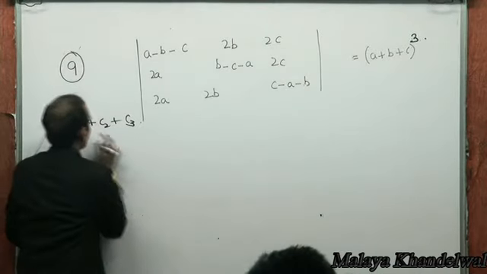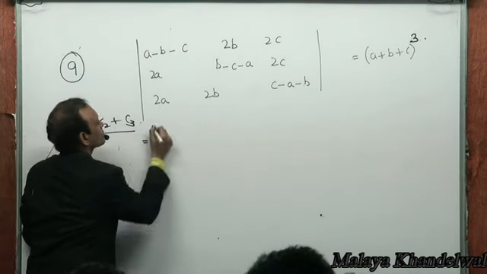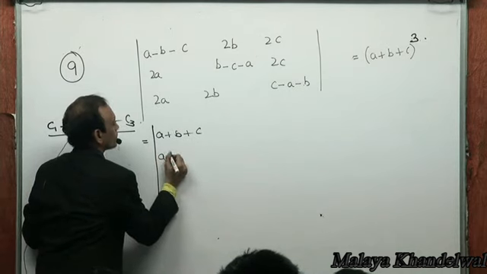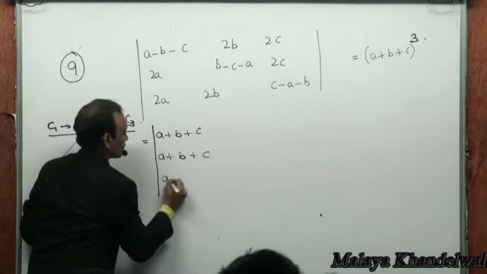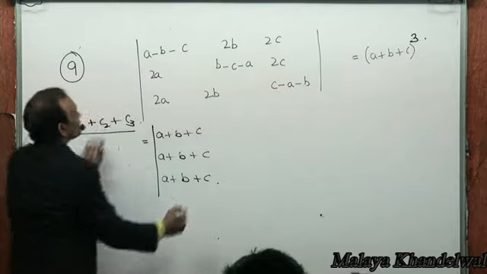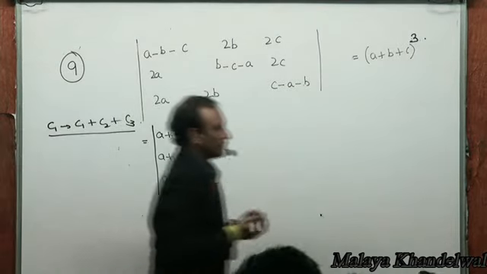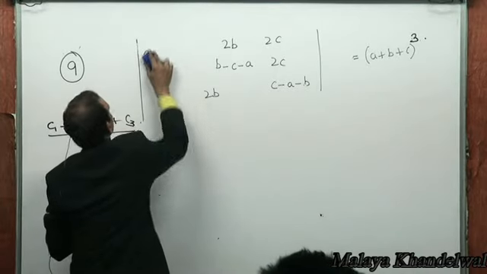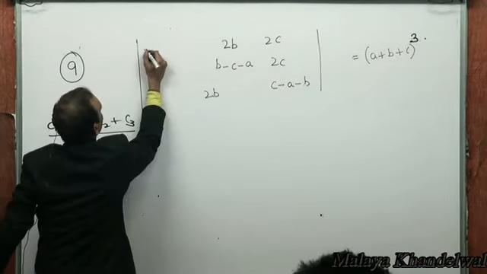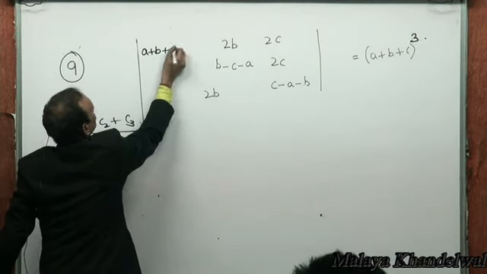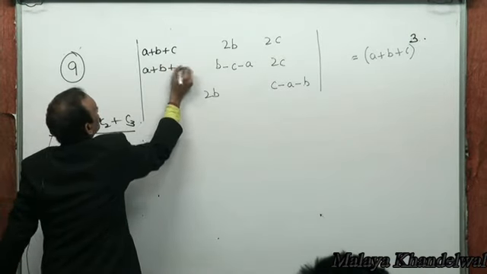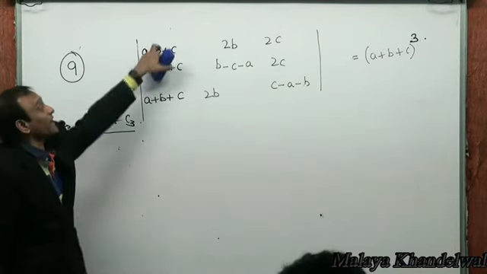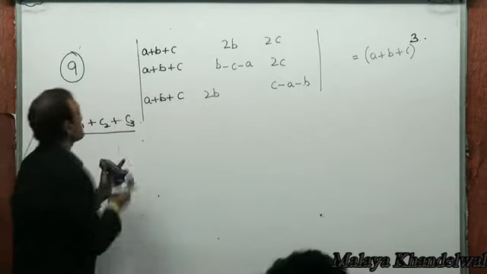So this determinant on performing this operation, the first column will become A plus B plus C. Shall I just write it here? Because otherwise I won't have space on top. And then, of course, I can take A plus B plus C common from this.